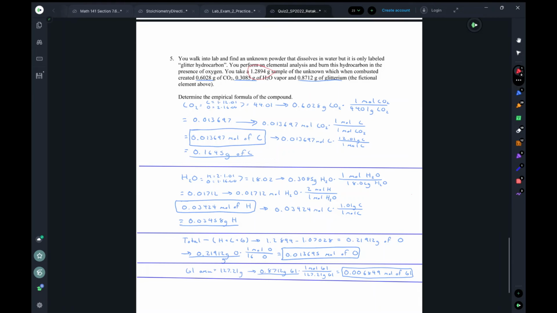First, we'll need to determine how much carbon and hydrogen was created and subtract the total created in order to find out how much oxygen was also created.